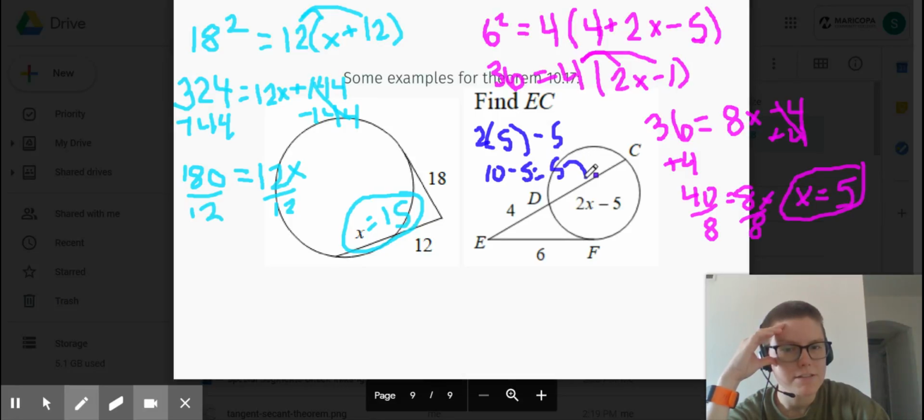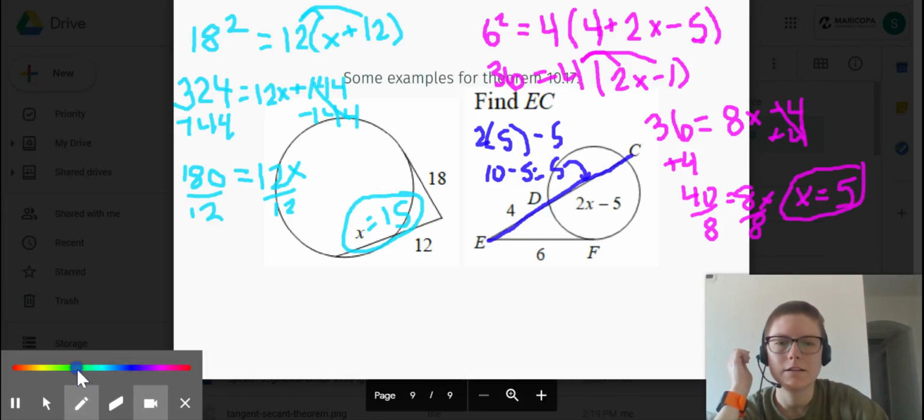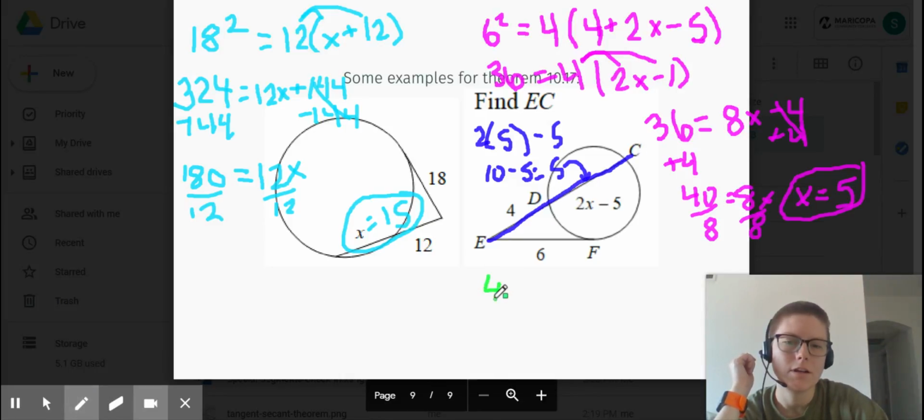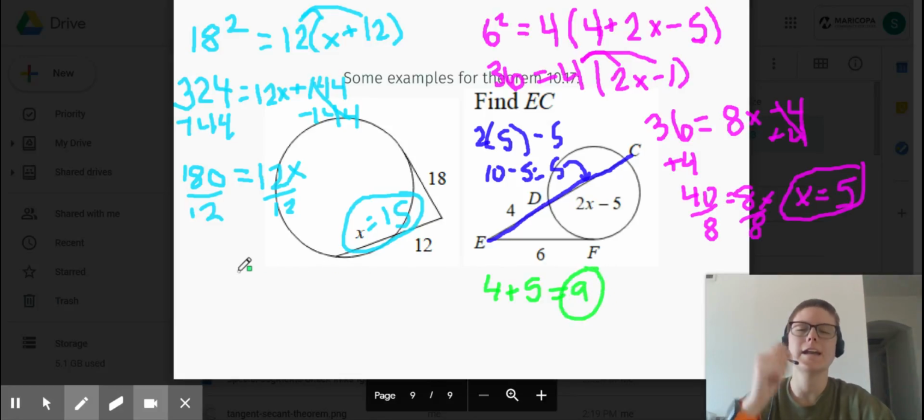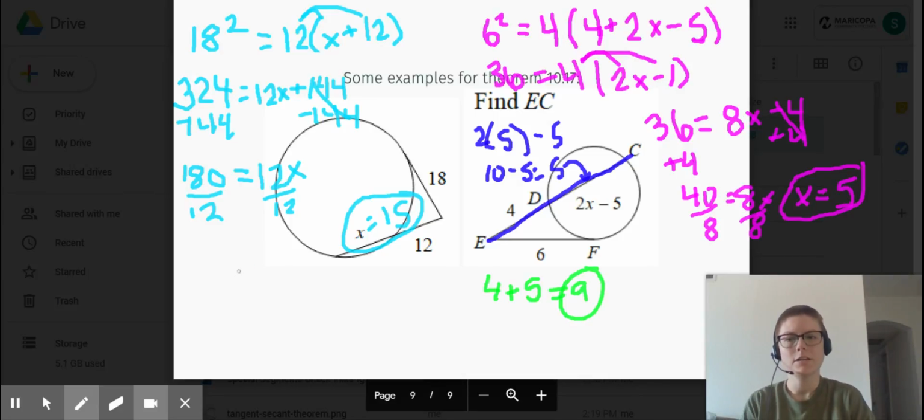So 5 is this part of the secant, the internal secant segment. But we need EC, which is the whole secant. So we got to add that 5 with our 4. Luckily, that's pretty easy addition. We probably knew that one when we were in first grade. 4 plus 5 is 9. So our whole secant is 9. And that's it. We're all done.